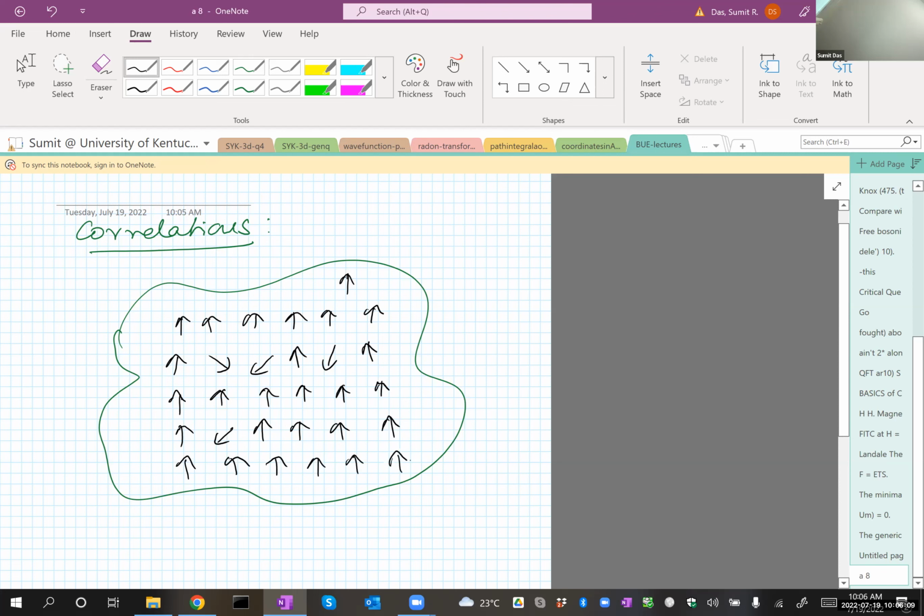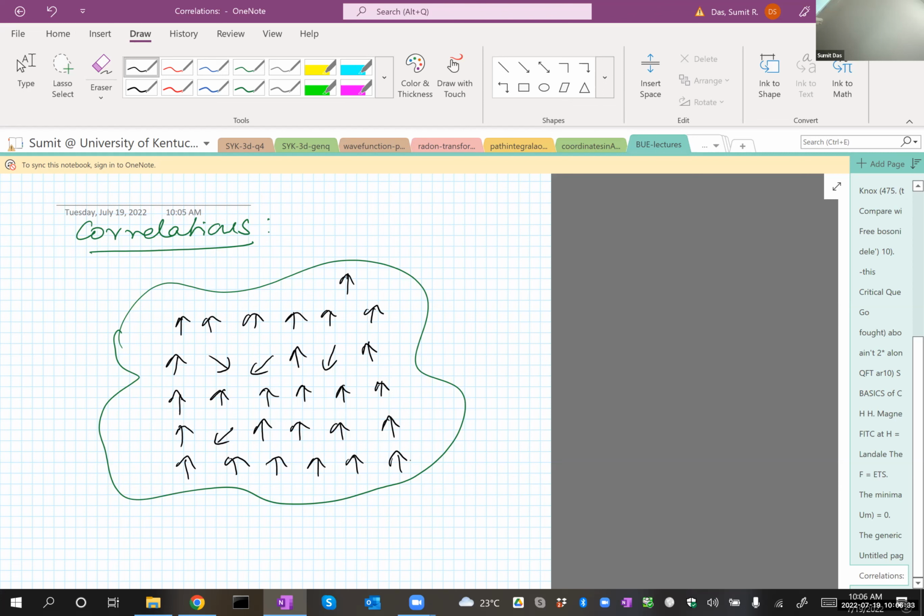Now, why does a magnet behave like a magnet? It behaves like a magnet because these little dipoles have interactions between them, and the interactions are such that the energy is lower if the dipoles are parallel to each other. So this is called a ferromagnetic interaction.